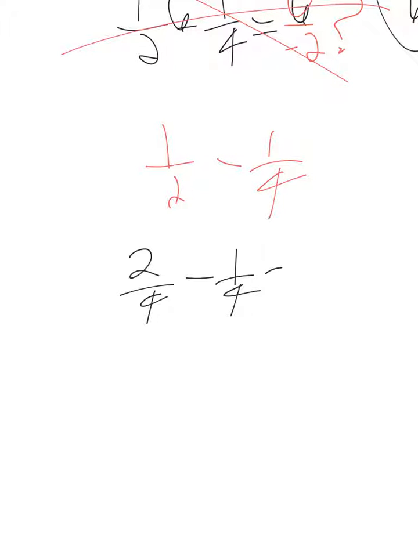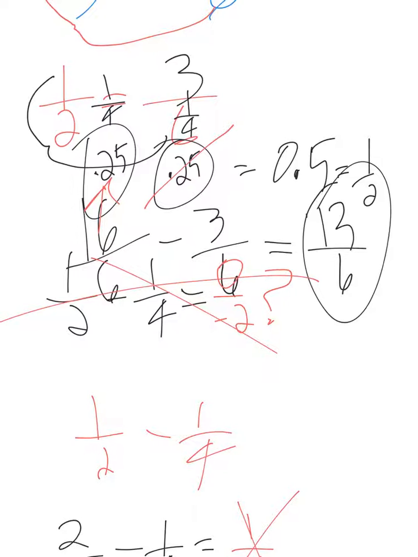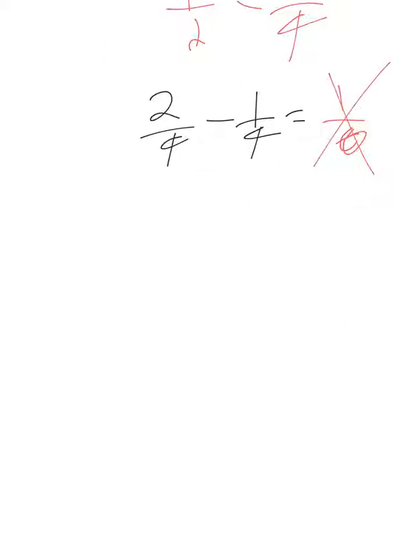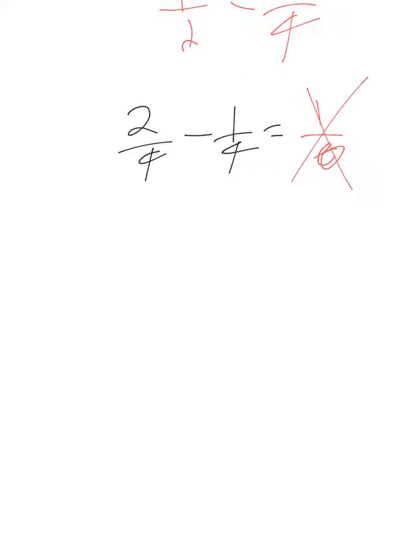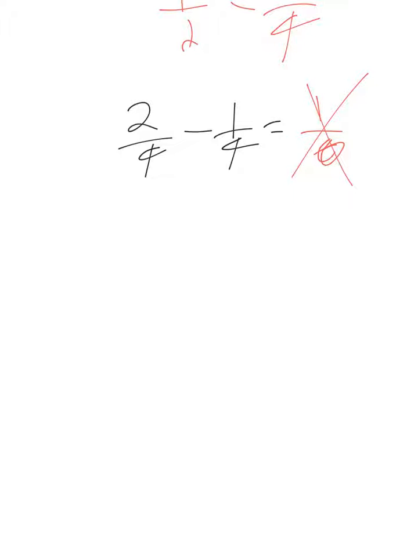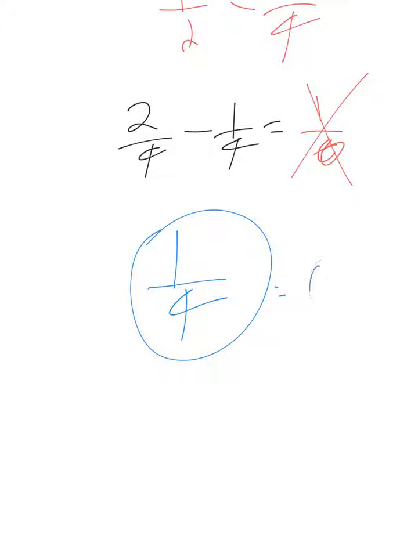And again, if you subtracted the top and the bottom, you'd have 2 minus 1 is 1, and 4 minus 4 is 0. So it says you have 1/0. So again, you've made a mistake because we should just have 1/4 left over. If I have 2/4 and I take away 1, I'll have 1/4 left. So my answer needs to reflect that. So that's why you just look at the tops. So 2/4 minus 1/4, that's 2 minus 1, that's 1. The answer is 1/4. I have 1/4, that's 25 cents.